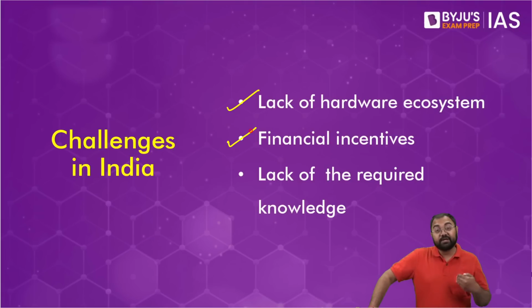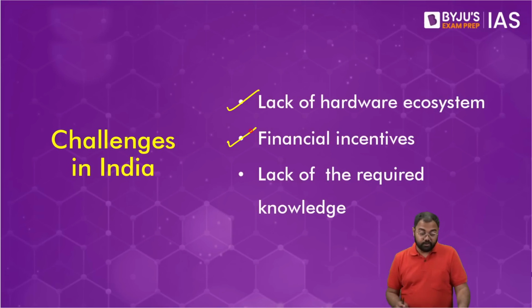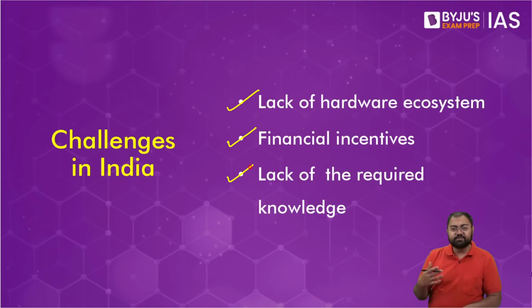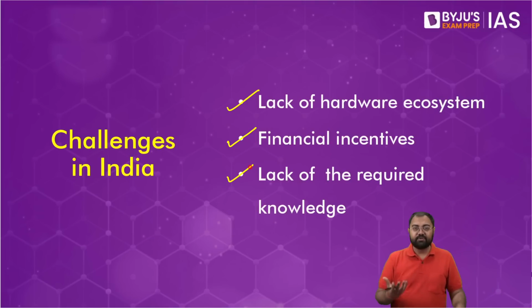So even if a private company in its manufacturing or its delivery is using robots, then they are there on their own. It's not that they'll get some kind of tax benefits or incentives from the government. There's nothing like that. And then the lack of required knowledge, that we also have been pretty limited in the knowledge that we have with robotics.